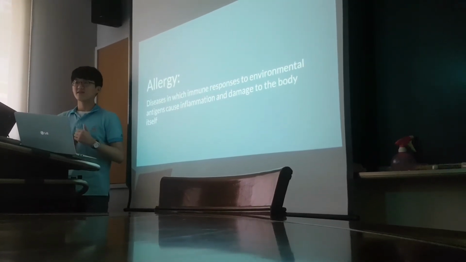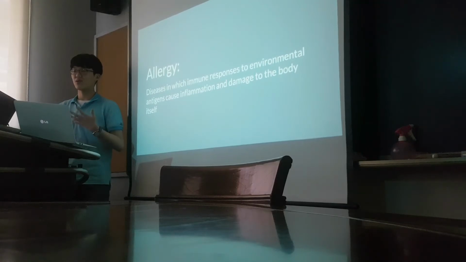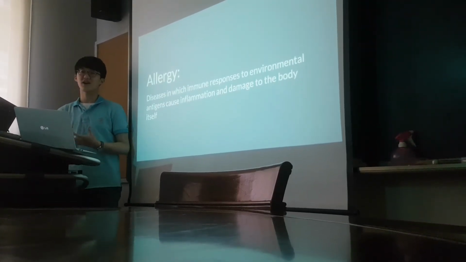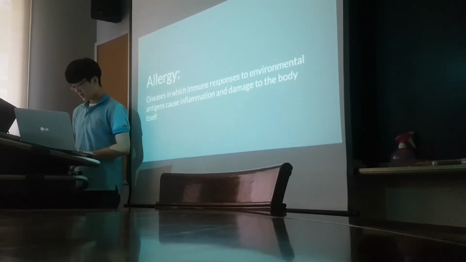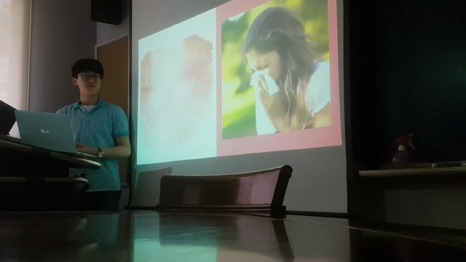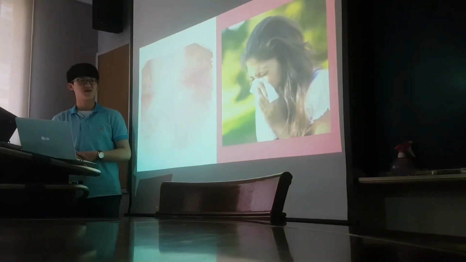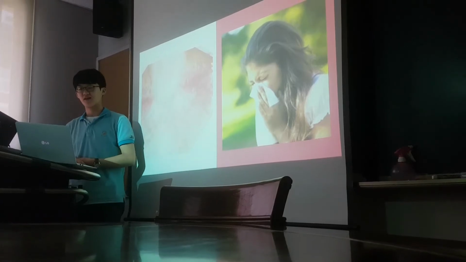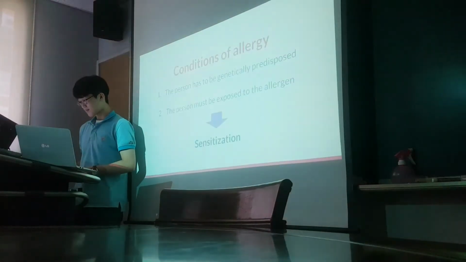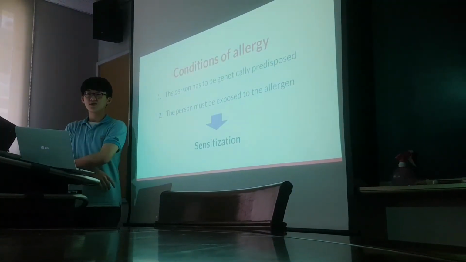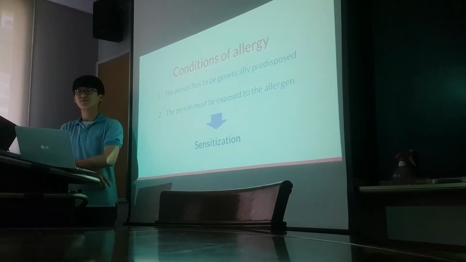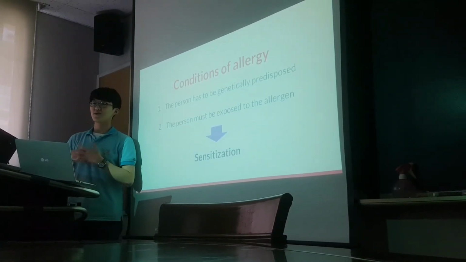It basically says that allergy is how our own bodies overreact to certain molecules. And these are the common symptoms of allergy, like a rash and rhinitis. There are mainly two conditions of allergy. The first one is the person has to be genetically predisposed.